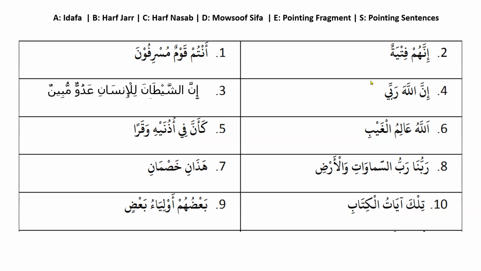Idafa, harf of jar, harf of nasab. Do you see any fragment there? No. Look, there's only 3 words, brother. Okay, so it's not very difficult. Harf of nasab is not there.